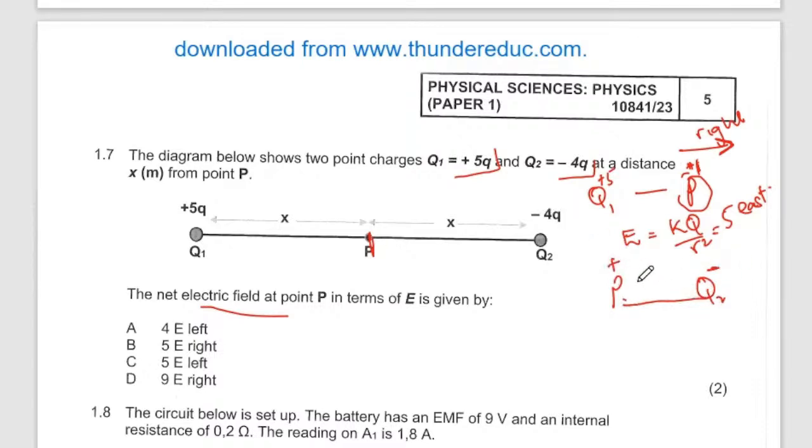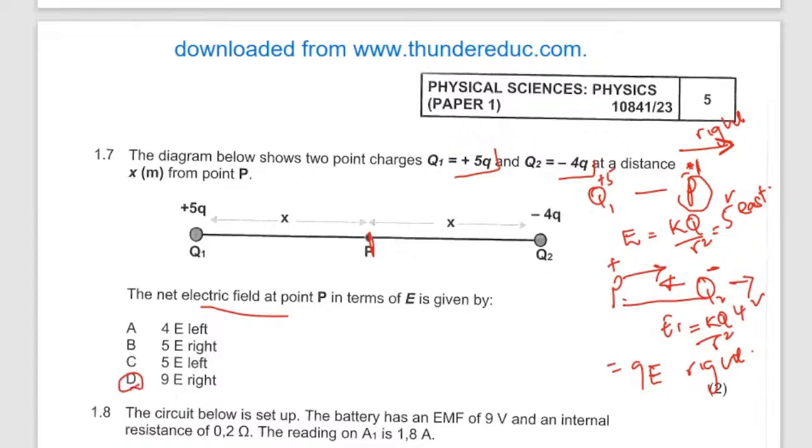So there's going to be attraction, which means the force is still acting to the right. So my E is kQ over r squared. The Q is a 4. So if it's a 4 to the east, the net is going to be this 5 plus the 4, which must give me 9E to the right. Okay, 9E to the right, which is E.